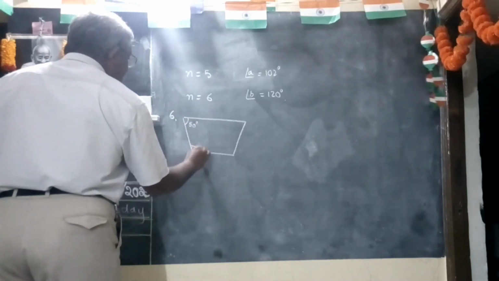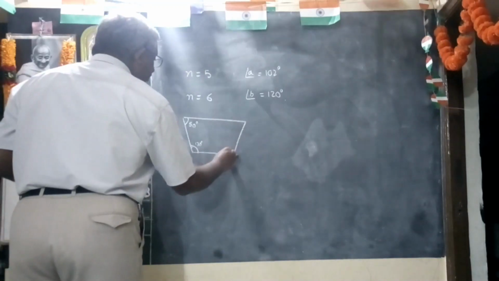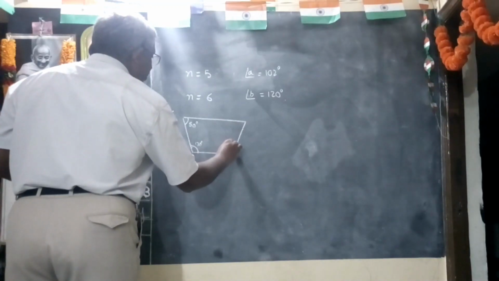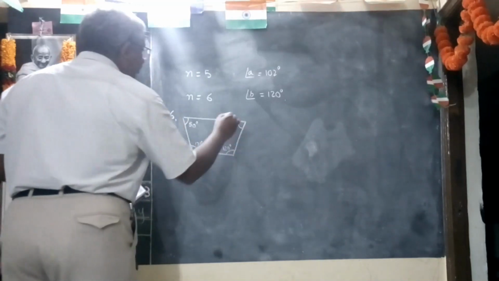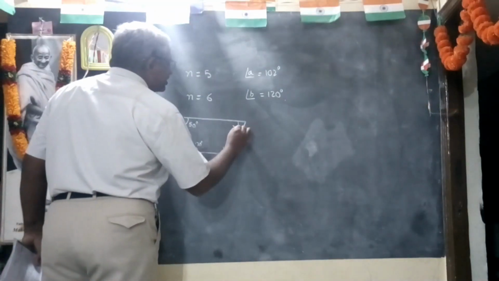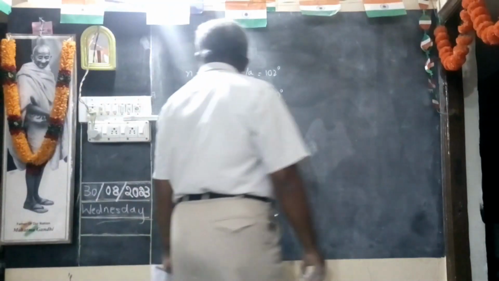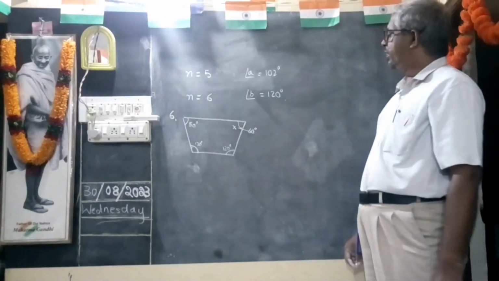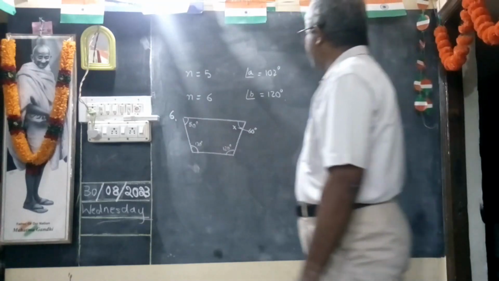I have 130 degrees here, and I have 120 degrees here, and I have x here. Now my question is, why is this x equal to 60 degrees? Can you tell me? Why should this be 60? What could be the reason? Let me put it like this.